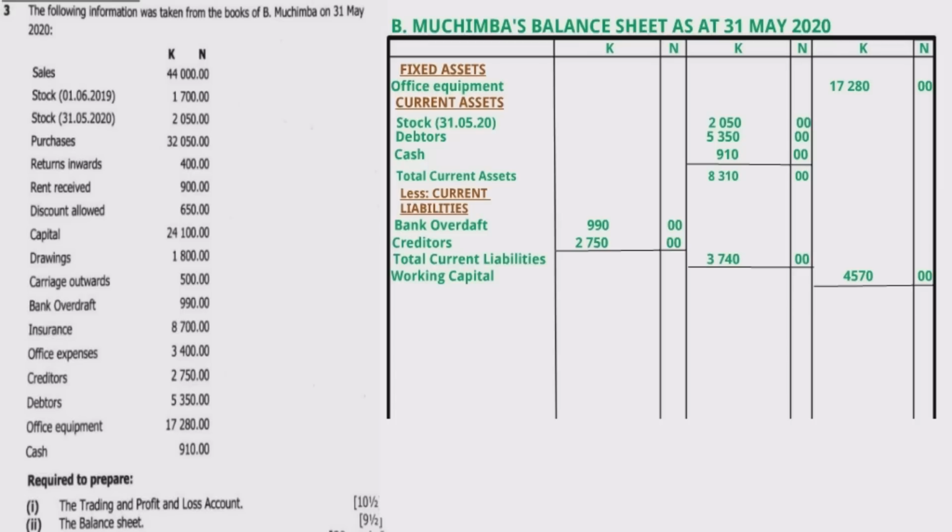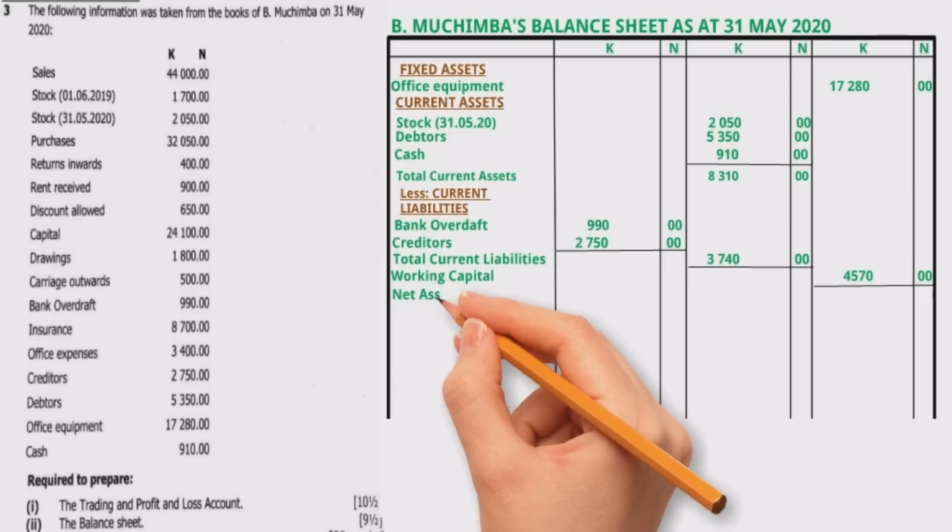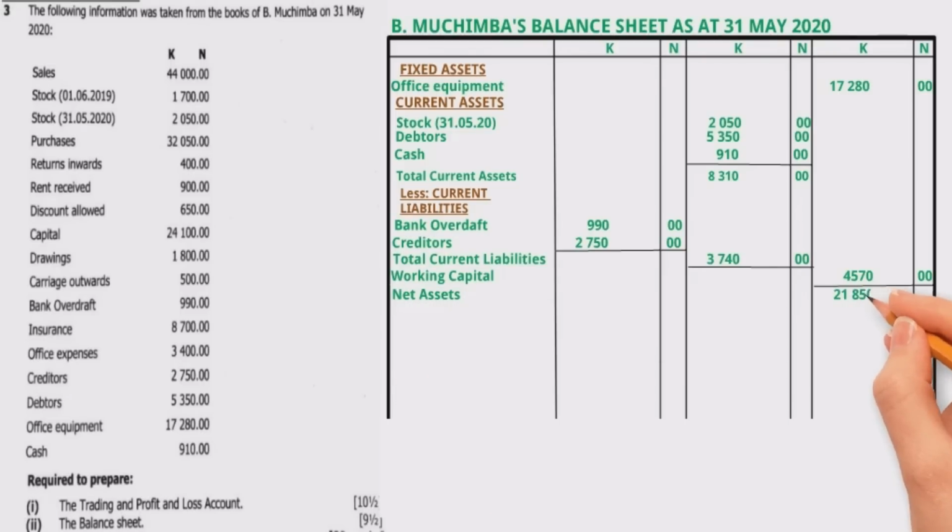So when we punch 17,200 kwacha plus 4,570 kwacha in your calculator, it will give you 21,850 kwacha.